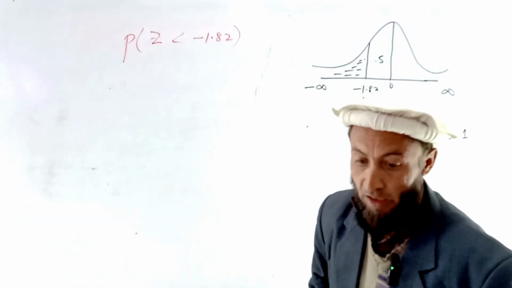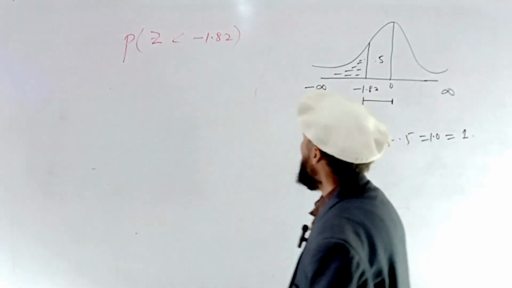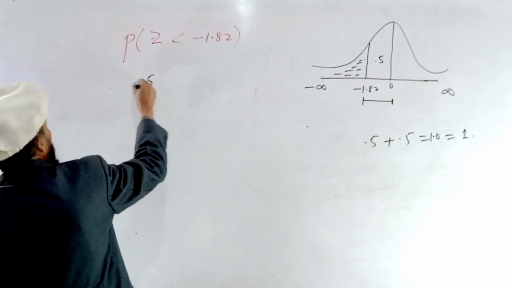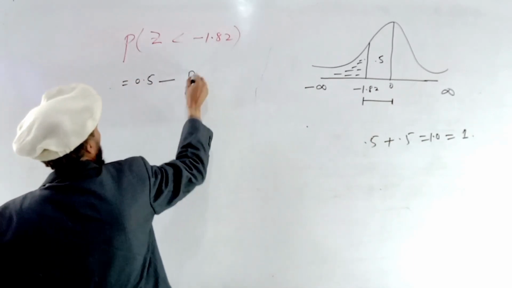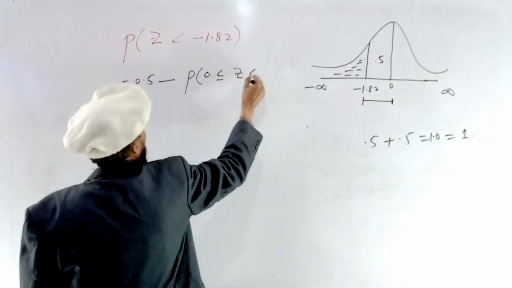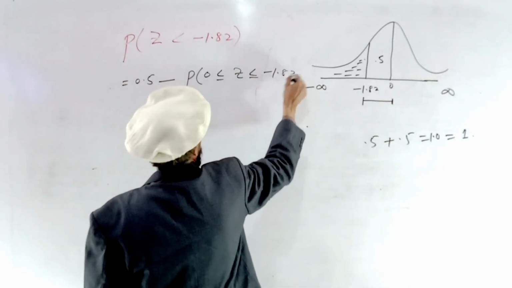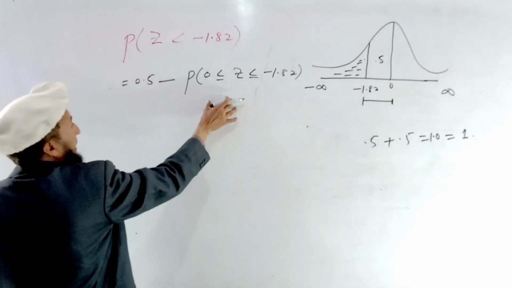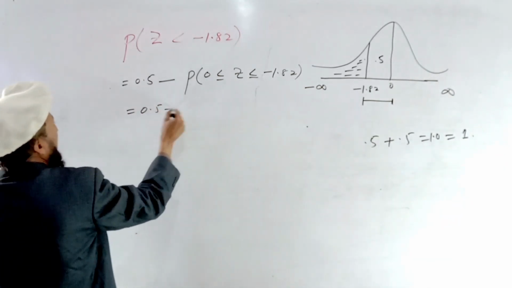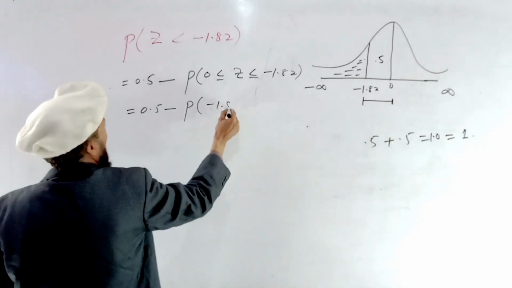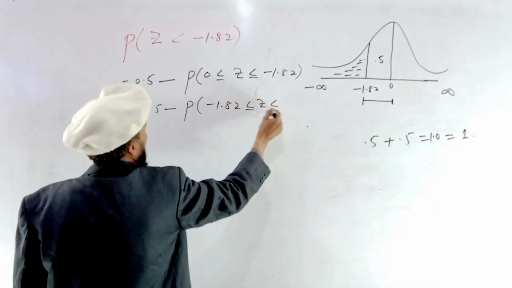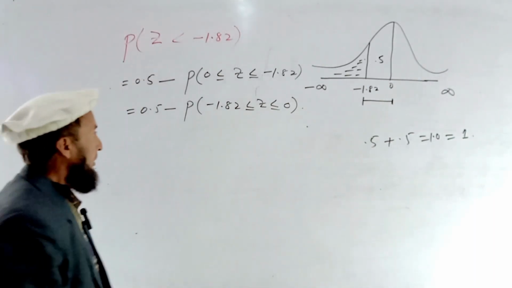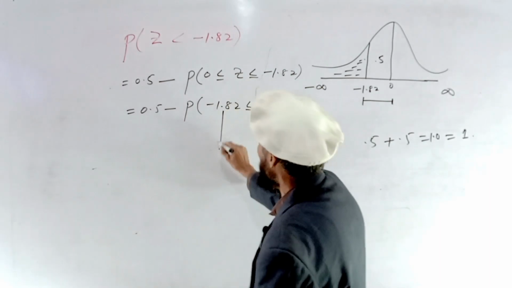So if we are finding this area, we calculate 0.5 minus probability of minus 1.82 less than or equal to z less than or equal to 0. Both statements are the same, there will be no difficulty. Now we check this area.